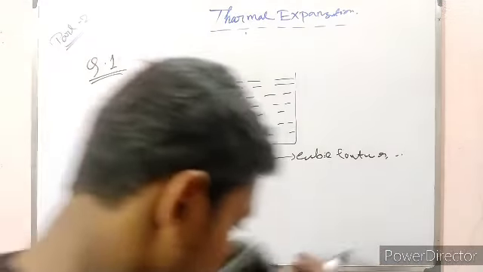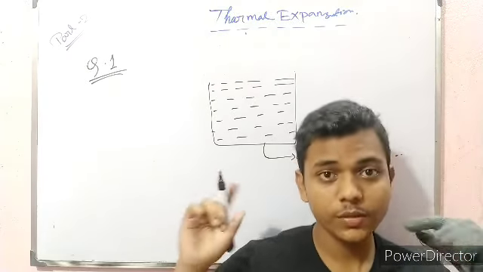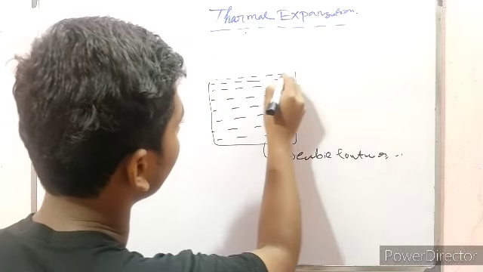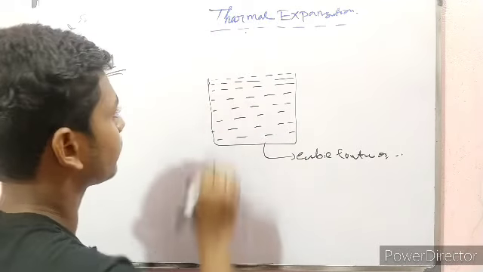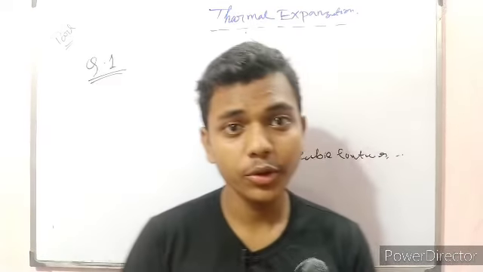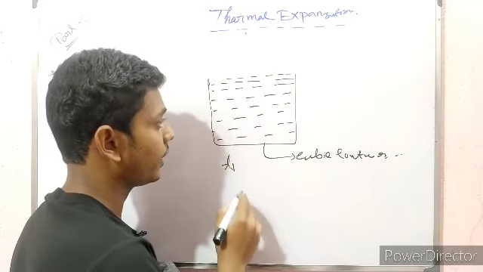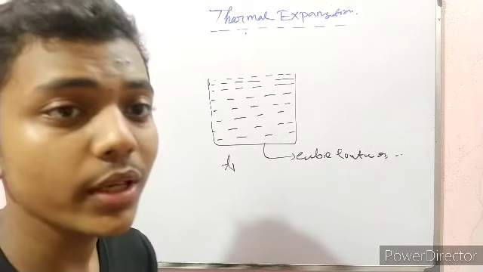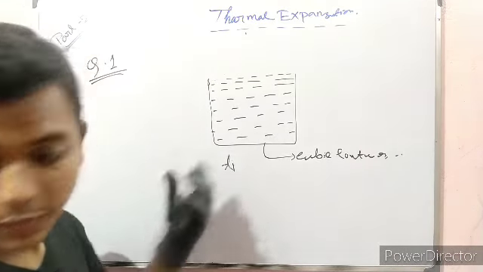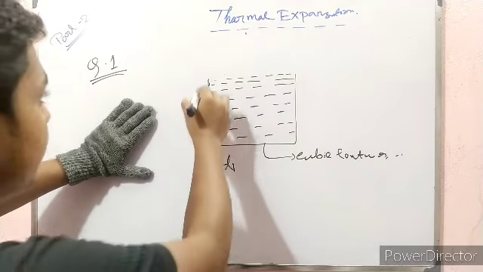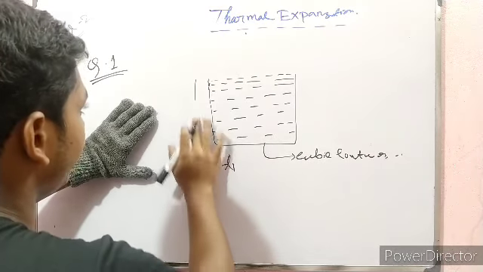I will take a cubic container which is fully filled with water. If I give it the temperature T initial, then the volume, at first, has a length of A.